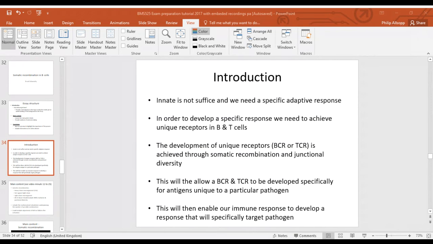Now, one thing that you need to be aware of is that, yes, Joanna, we need to know it depends. We need to know the difference between naive cells and immature cells.